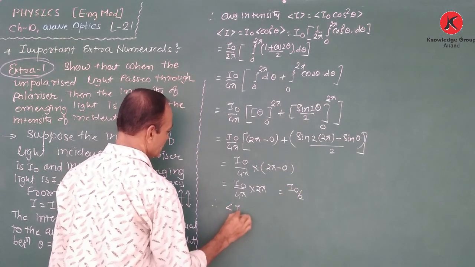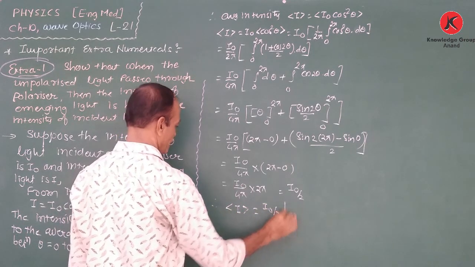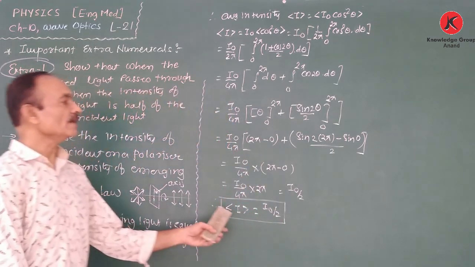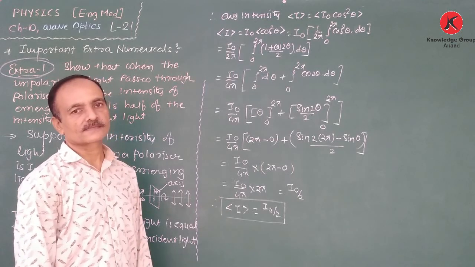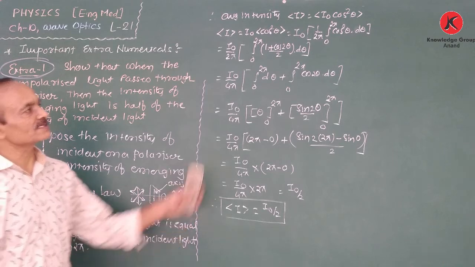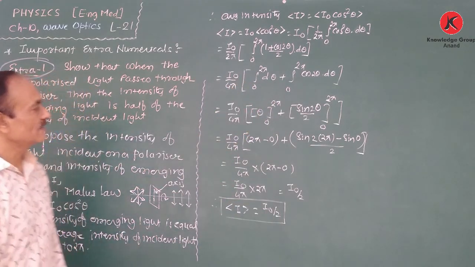Thus the average intensity of the emerging light is half the intensity of the incident light. Here we use trigonometric functions and the concept of integration to obtain the result.